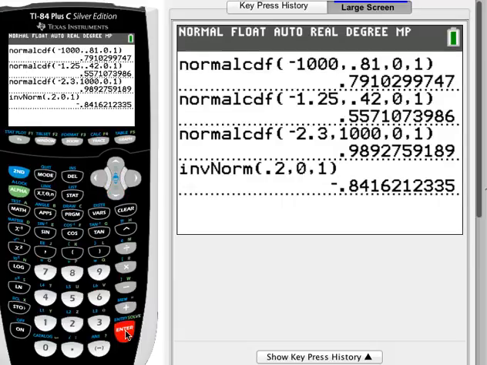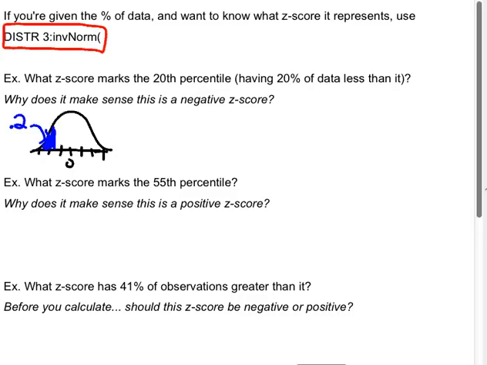And the z-score is going to be negative 0.84. Okay, so what that's telling me is a z-score of negative 0.84 is going to give me an area 20% less than it. So a data point that has a z-score of negative 0.84 is going to be sitting at the 20th percentile. Now, why does it make sense that it's negative? Well, if it's at the 20th percentile, it means it's less than the median, right? It's going to be less than the mean because it's less than average.